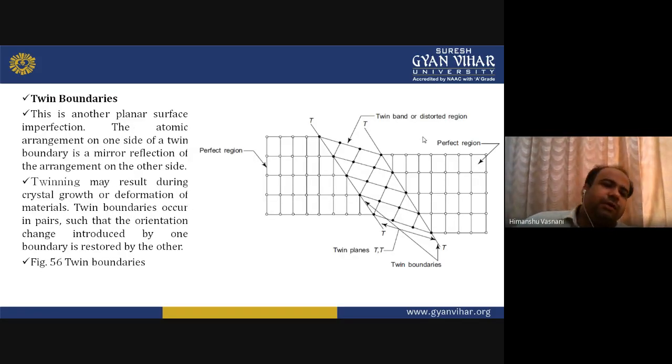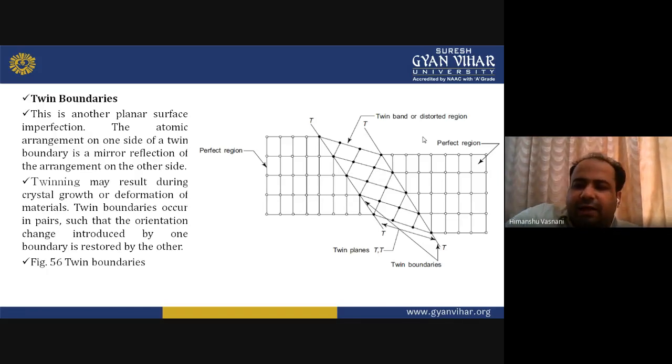Then twin boundaries. Twin, something similar, maybe a mirror reflection of one portion to another portion. It can be called twin boundaries. So this is another planar surface imperfection.